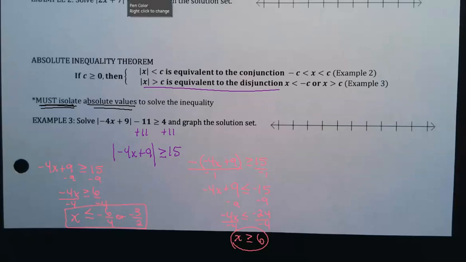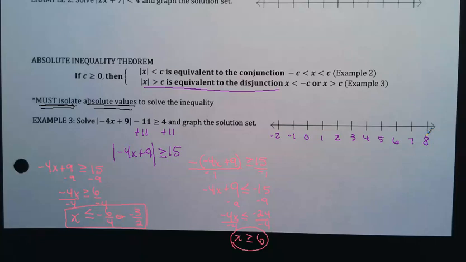All right, so then let's go back and graph this. On our graph, we need to go up to 6 and negative 1.5. So let's do -2, -1, 0, 1, 2, 3, 4, 5, 6, 7, 8. Perfect.